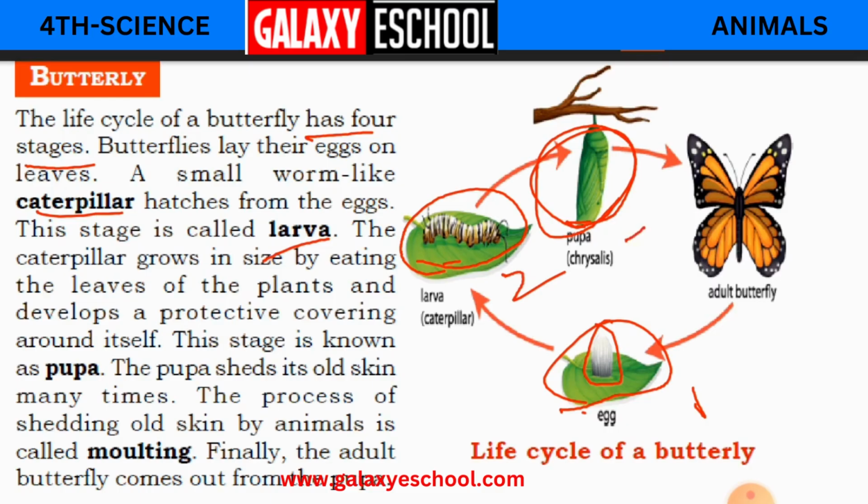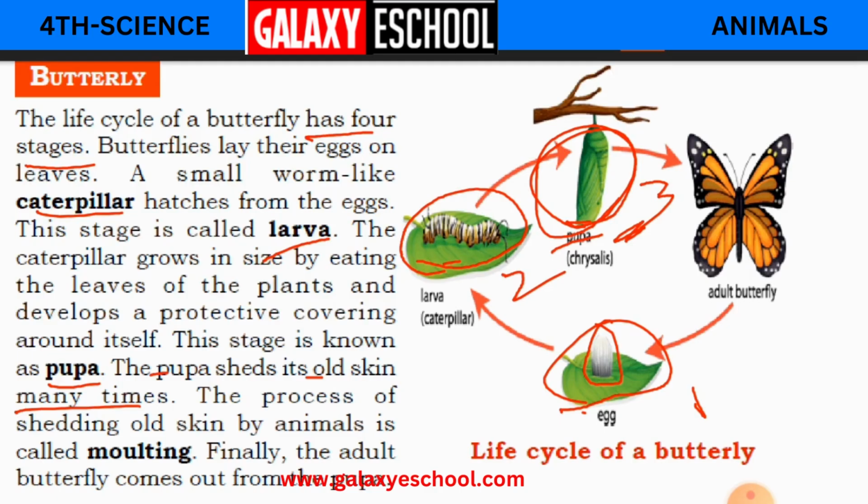Okay, this stage is called pupa. This is the third stage. And the pupa sheds its old skin many times. So children, shedding is just leaving off.